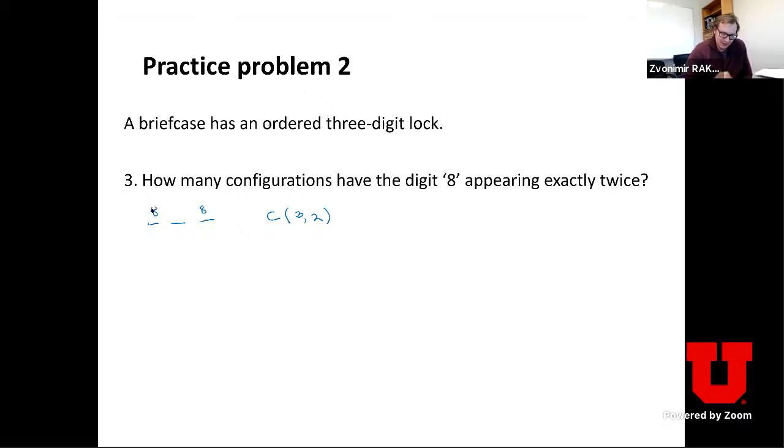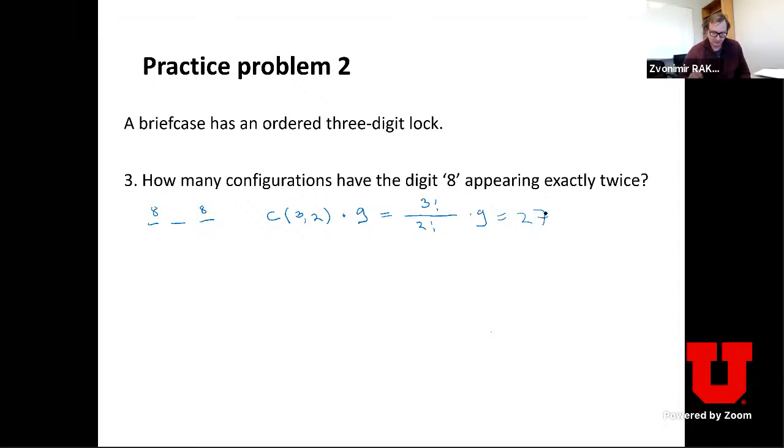And then for the leftover spot, we have 9 possibilities because we cannot put 8 there. So that's the solution to this one. So it's equal to, this is a little bit easier to calculate, 3 factorial divided by 2 factorial times 9, 27. Any questions about this one, the part 3?